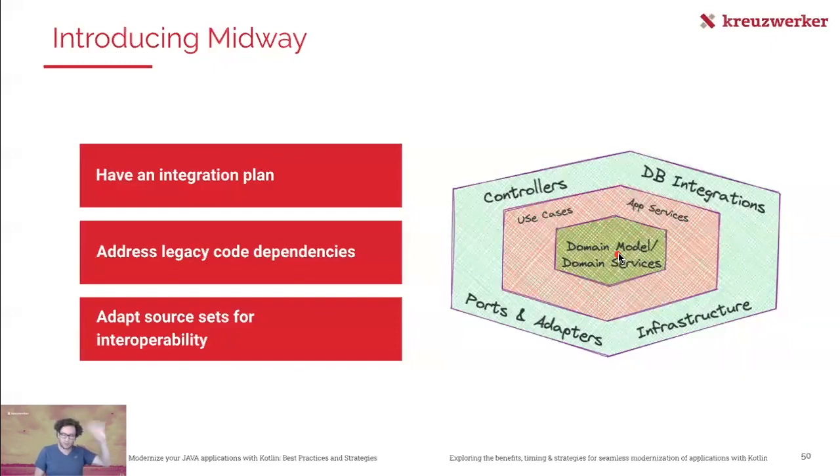For example, you just carve out some REST endpoints and use the functional capabilities of Kotlin in implementing these, make it more concise, more readable, shorter, or other integration points like Kafka integration points and whatsoever. You can decide and should agree in your team on what parts are the ones to be migrated.